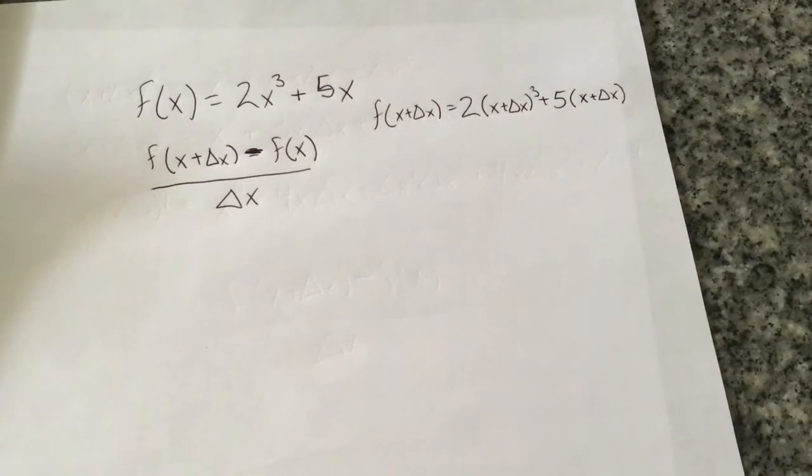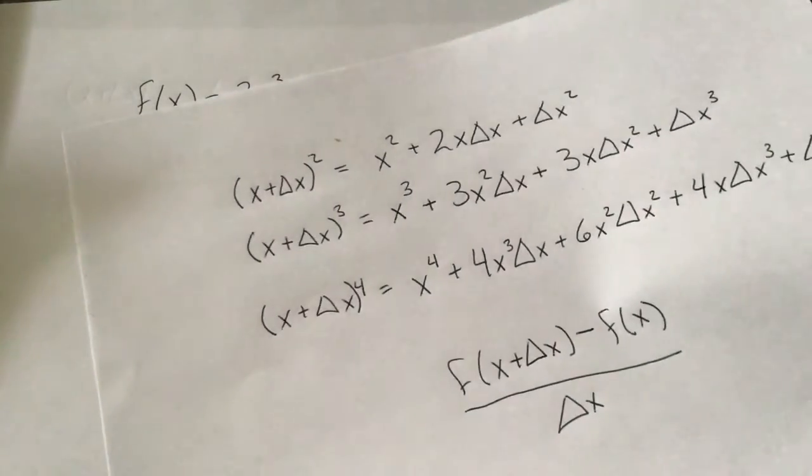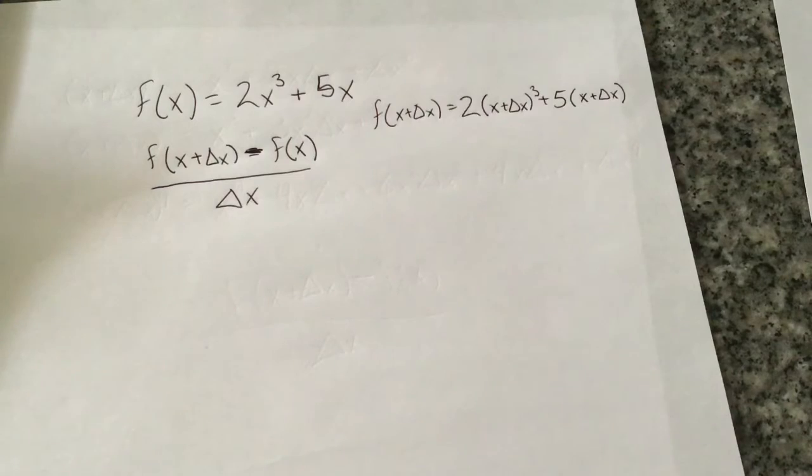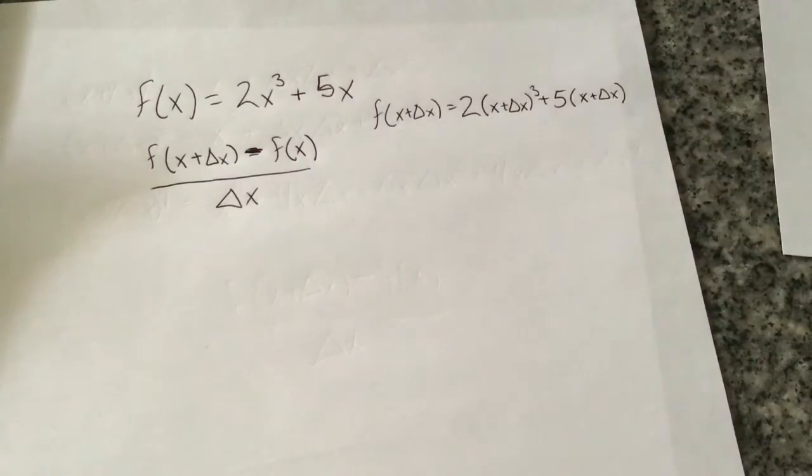Now what I am going to do is utilize the reference sheet that I put on here a minute ago to plug in what I can expand in terms of my binomials that have exponents. So I have one of those in this problem. I have x plus delta x to the third.